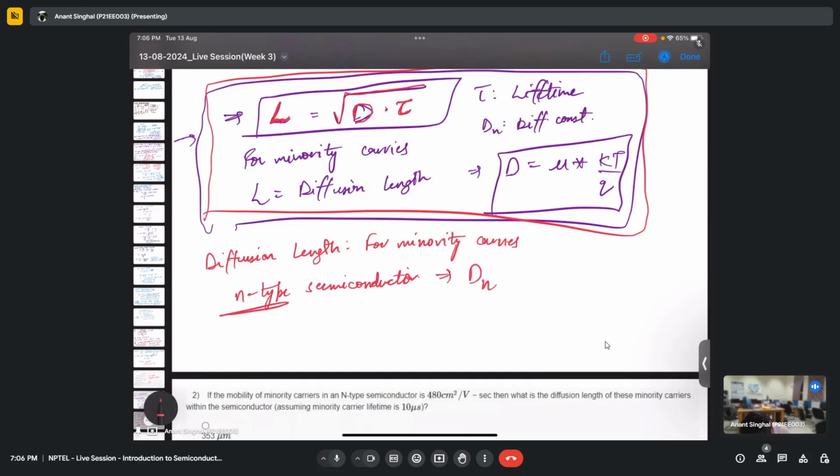But the lifetime that we take is always of the minority carriers. So we should take tau p, because it is an N type semiconductor, so the calculation will be done using the minority carrier's lifetime. This tau is the lifetime for the minority carrier. This is the main thing that you need to know.